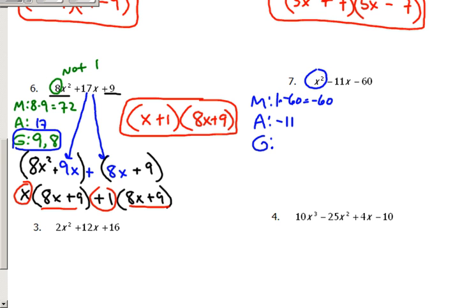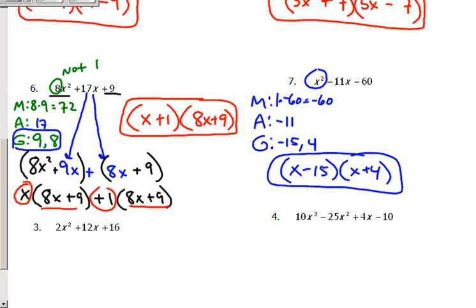So right now I'm looking through my calculator to find out which ones they are. Okay, and I got that it's going to be negative 15 and positive 4. So my G is negative 15, positive 4. Here's the great thing when you have a 1 in front. This automatically groups to x minus 15, x plus 4, and your answer's done. You don't have to split the middle in that case.